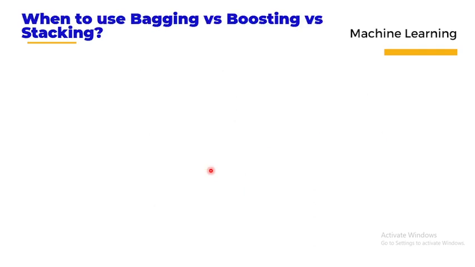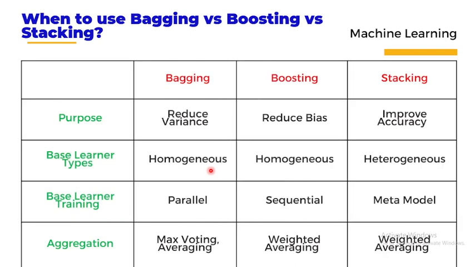Now we will understand when to use bagging, boosting and stacking. Bagging, boosting and stacking are vital techniques in ensemble learning. When you want to reduce the variance, you use the bagging technique. If you want to reduce the bias, you use the boosting technique.